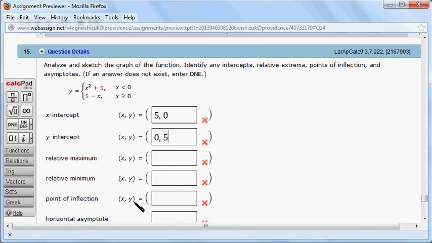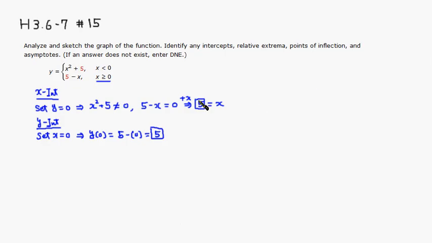So let's find the relative max and the relative min. We need to look at the derivative, so we just need to do it piecewise. So y prime is equal to, if you take the derivative of the top guy, you get 2x.